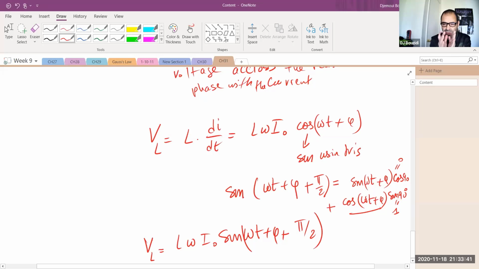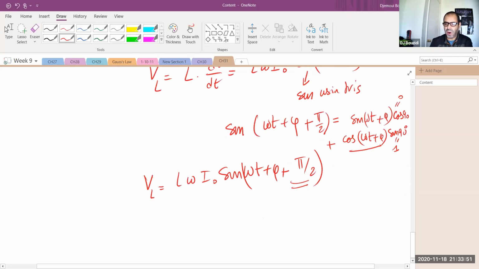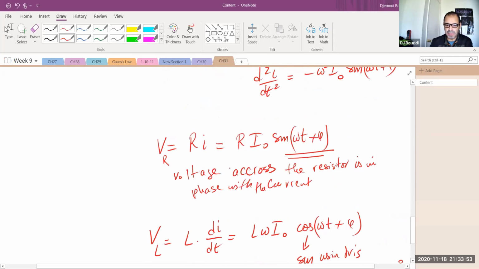So the voltage across the inductor is shifted upward by a positive 90 degree angle, as you can clearly see from this expression. So far, the voltage in the resistor is in phase with the current.